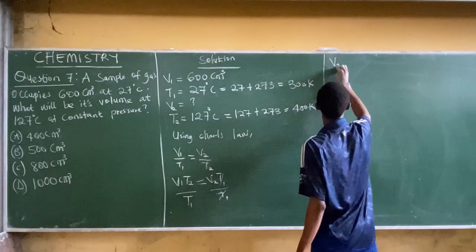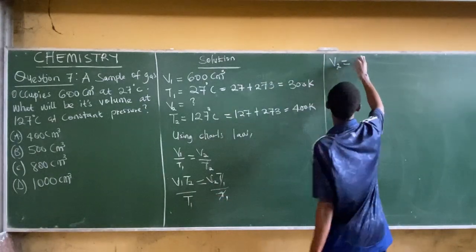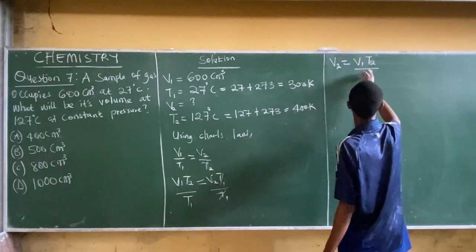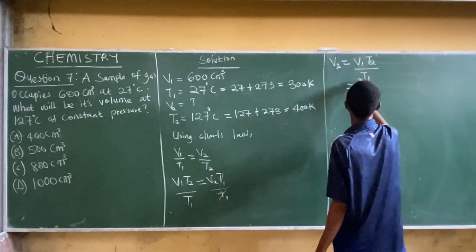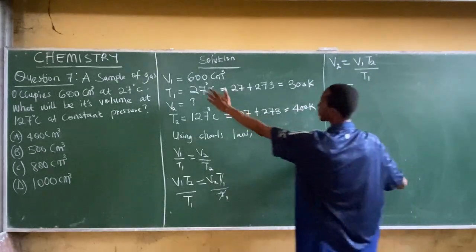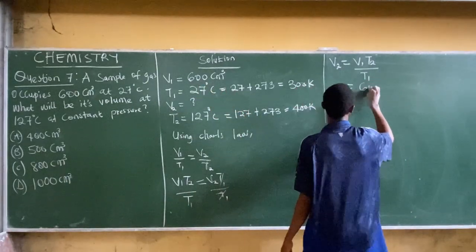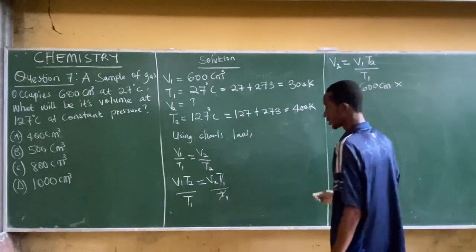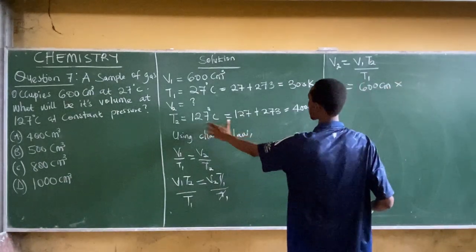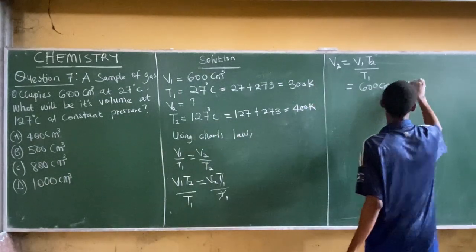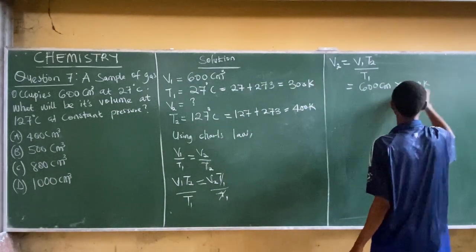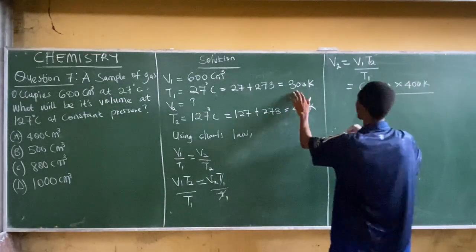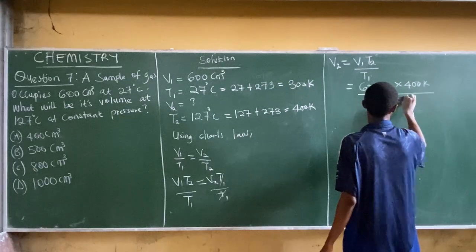Therefore, V2 is equal to V1 T2 all over T1. Our V1 is what? From the question, 600 cm cube. So we have 600 cm cube times our T2. Our T2 is what? 400 Kelvin, all divided by our T1. Our T1 is what? 300 Kelvin.